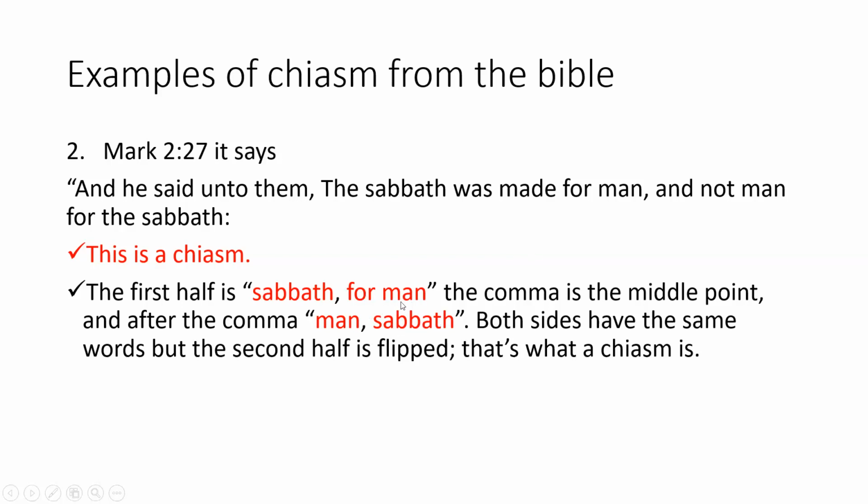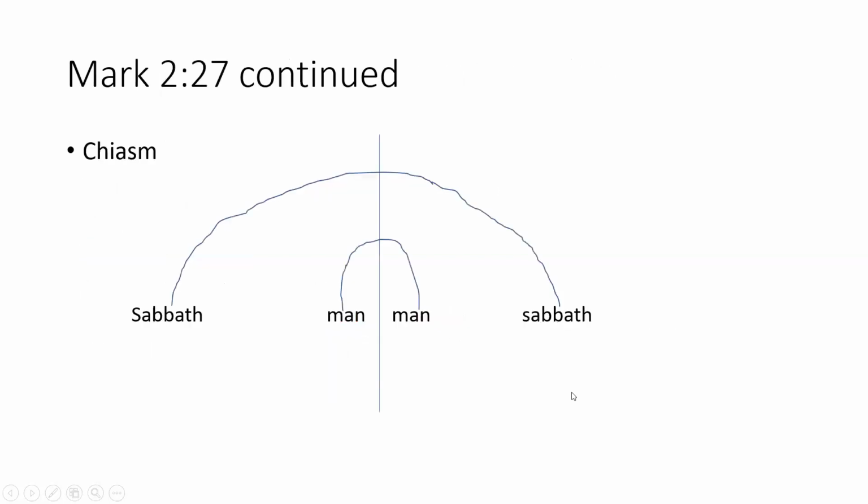So the men, just before the comma, was the second subject to be discussed, and that subject was the first on the other side. So this is an example of a chiasm again. Both sides have the same words, but the second half is flipped. I've put it as well in a diagram like this one: the Sabbath was made for men, and not men for the Sabbath, you see? So this is how it's going to look when you put a mirror.